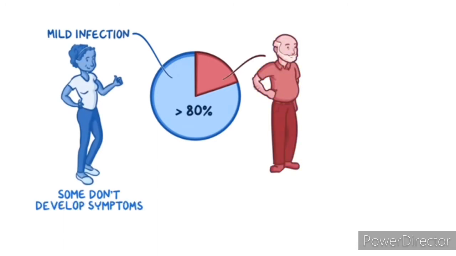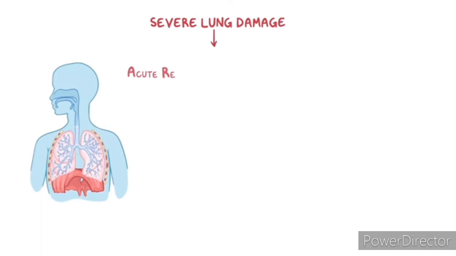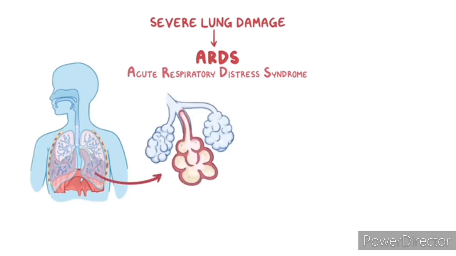For others, they can develop symptoms that can range from pretty mild, like fever, cough, and shortness of breath, all the way to serious problems, like pneumonia. Severe lung damage can cause acute respiratory distress syndrome, or ARDS, which occurs when the lung inflammation is so severe that fluid builds up around and within the lungs.